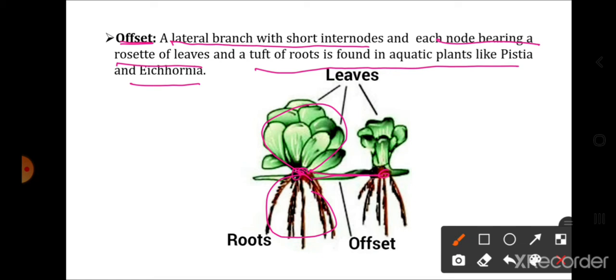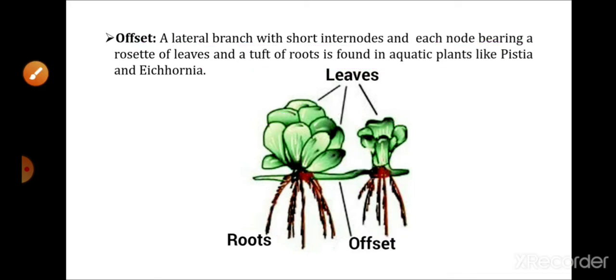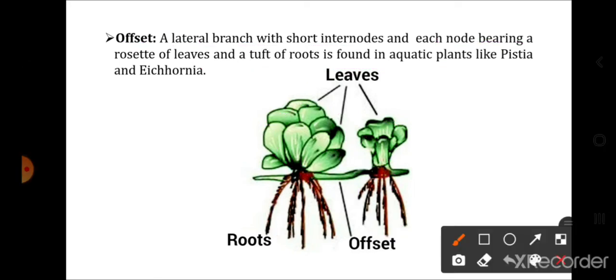So this is one node, this is another node. From both nodes you can see that a group of leaves and a group of roots are formed. This structure is called what? It is called the offset.